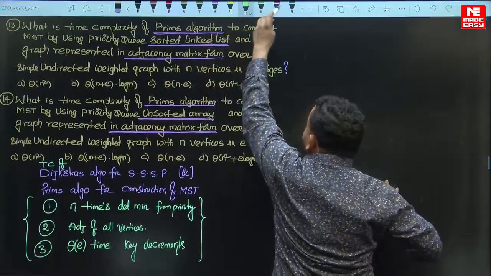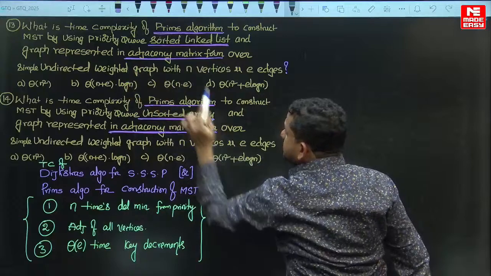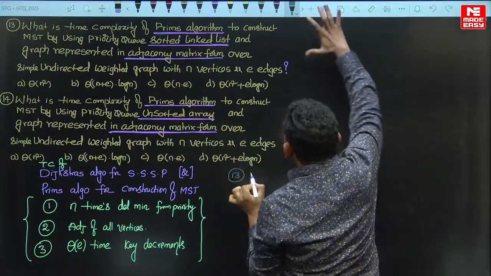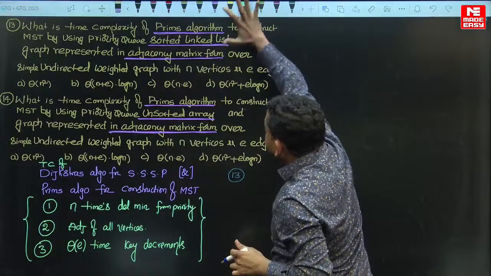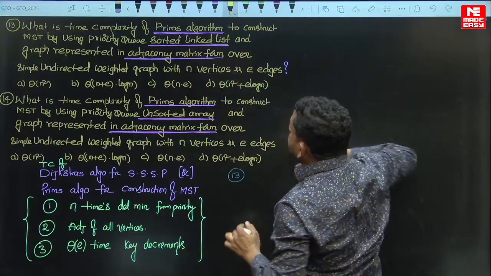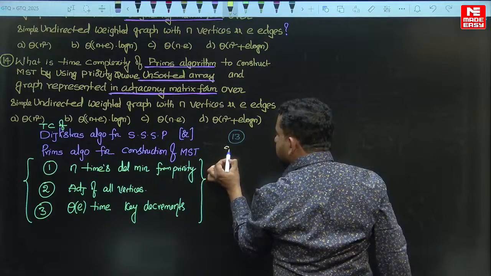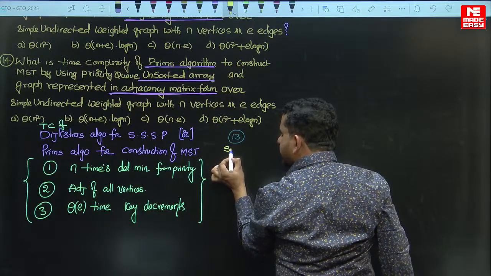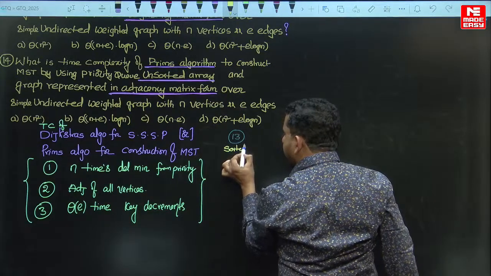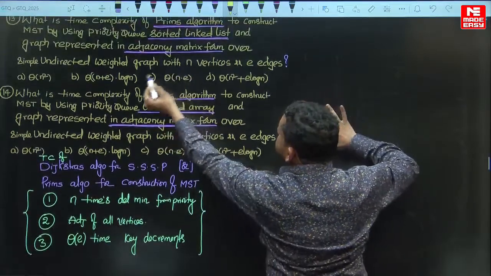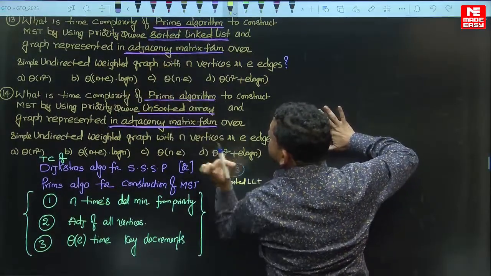Now the first question, this 13th question. The priority queue is a sorted linked list, and the graph is an adjacency matrix graph.